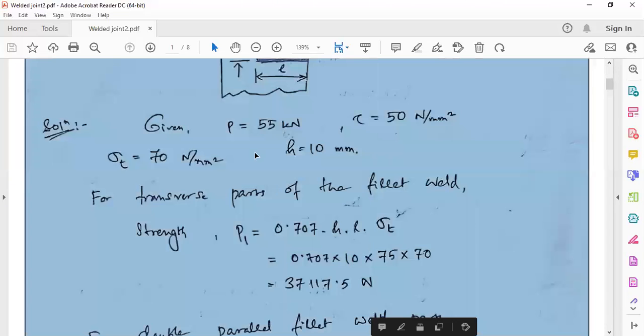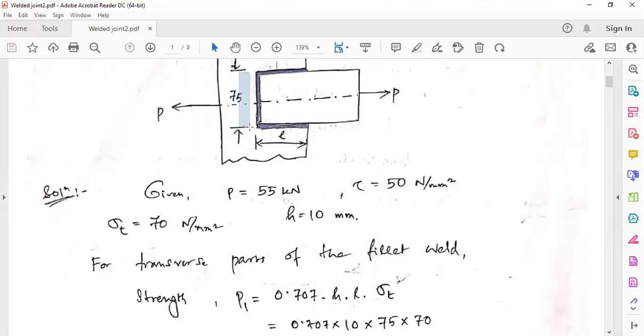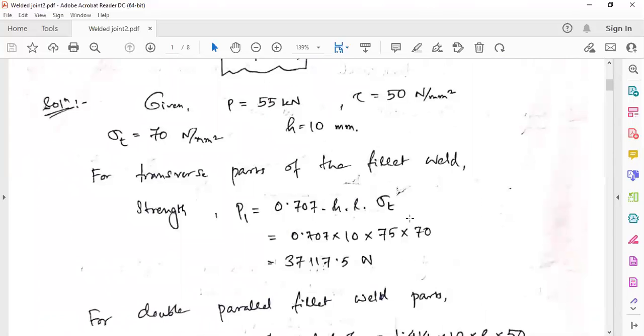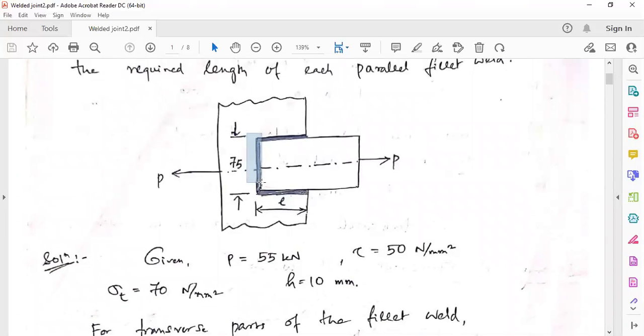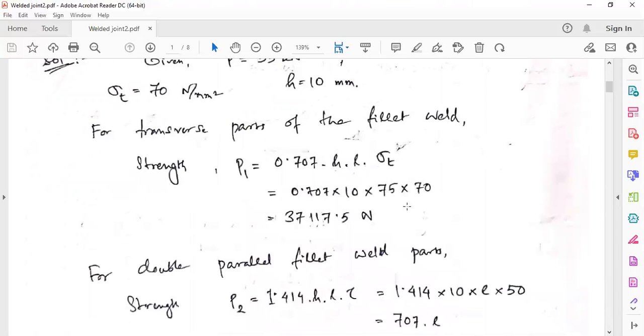Length of that part is known here. It is given as 75 mm. And this is the maximum tensile stress, the reliable one. So this is the transverse. This is the strength, the maximum value of force that can be taken by this transverse fillet part, which is not 55 kilonewton.